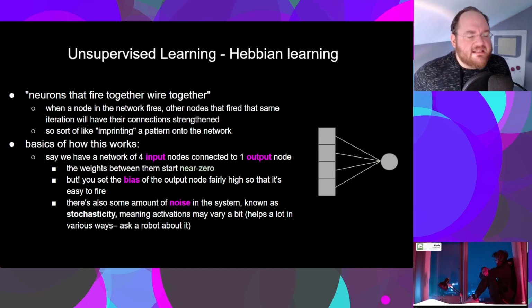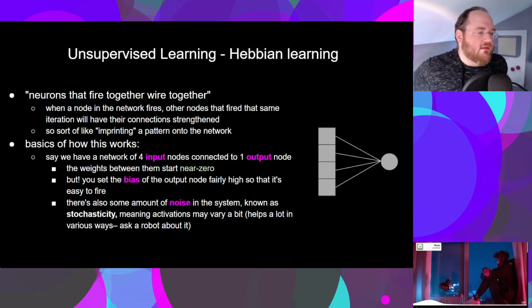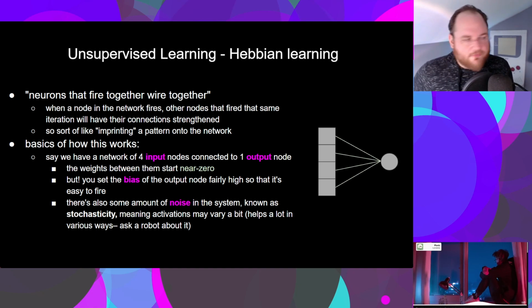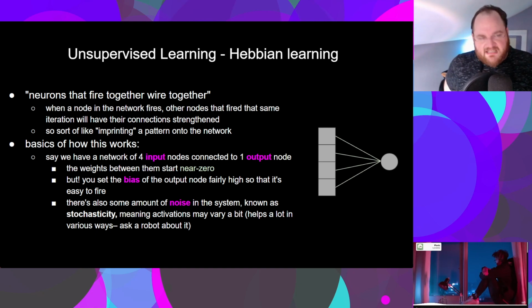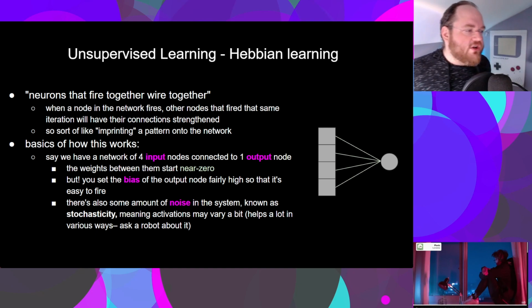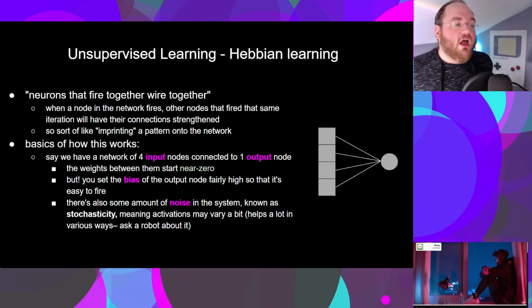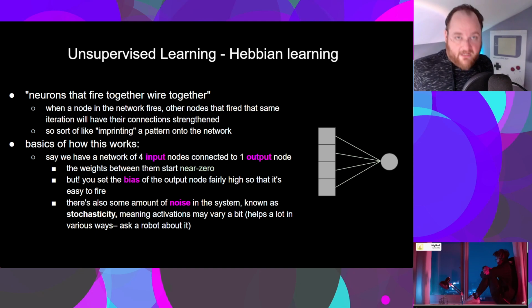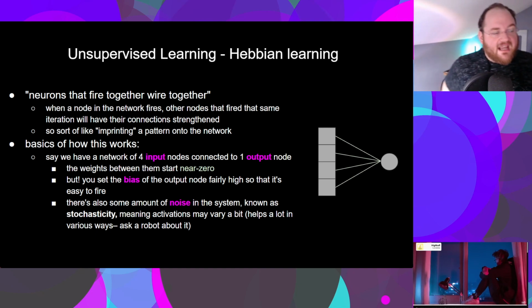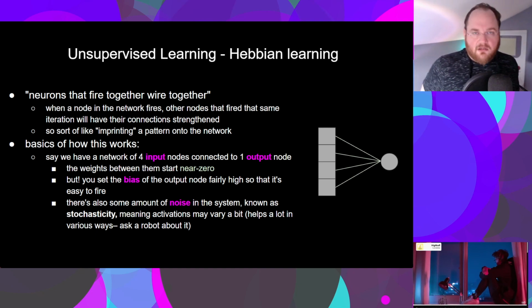So the idea is, given a tiny little network, in this case we have 4 input nodes and 1 output node. We're trying essentially a perceptron, but we're treating them as separate nodes, right? So when a node in the network fires, other nodes that fired that same iteration will have their connections strengthened, okay? So it's like the idea of trying to imprint a pattern onto the network, like I was talking about with the cat, right?